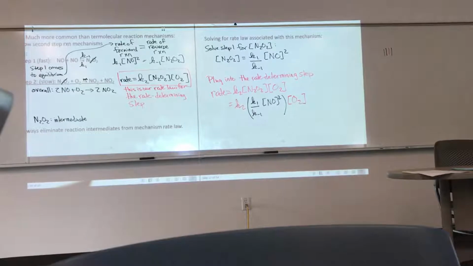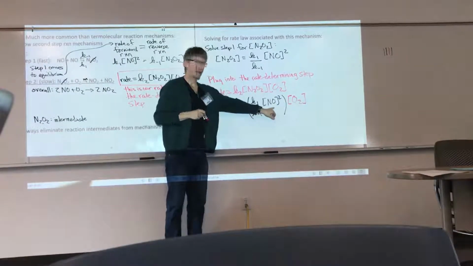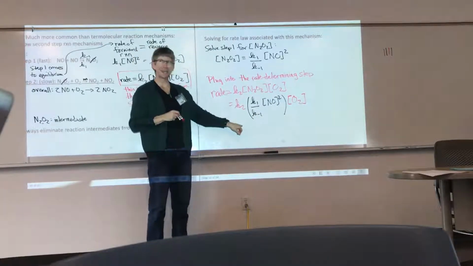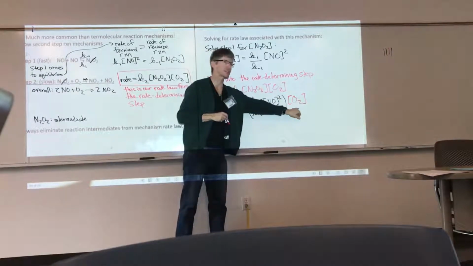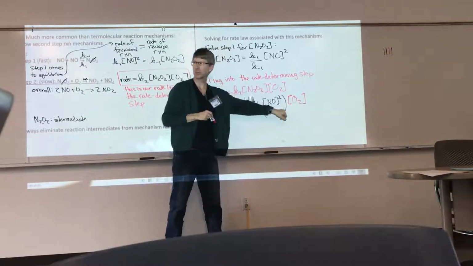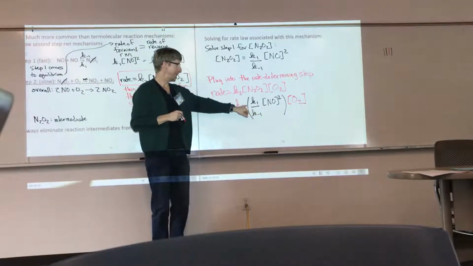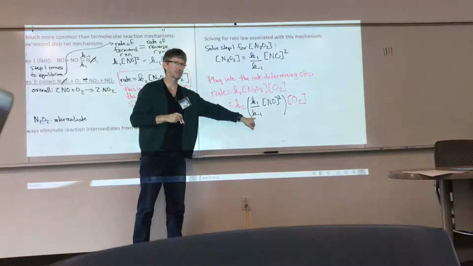I think we're getting somewhere. Our experimentally determined rate law said rate equals k times concentration of nitrogen monoxide squared times concentration of O2. So at least we got our concentrations correct so far. But now we have 1, 2, 3 constants instead of 1.